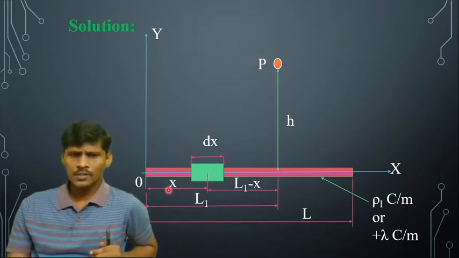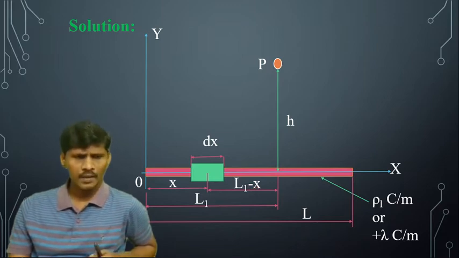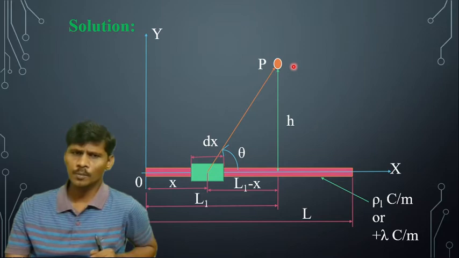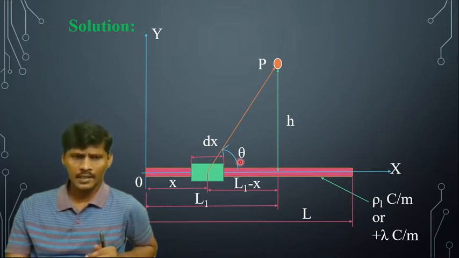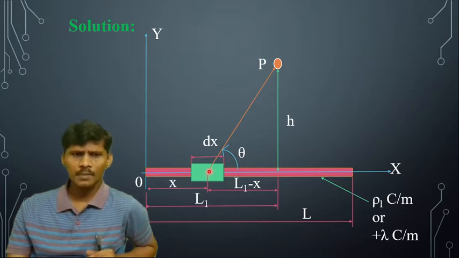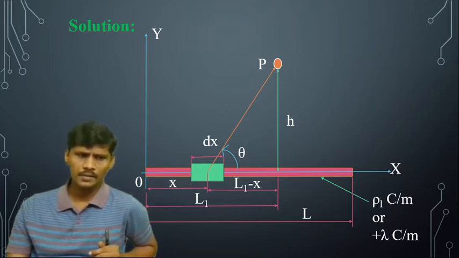From the origin to this point the distance is L1 meters, and from the elementary length to this point the distance is L1 minus x. Then draw the vector line from the elementary length to point P. It makes an angle theta, and the distance from the elementary length to point P is r meters.